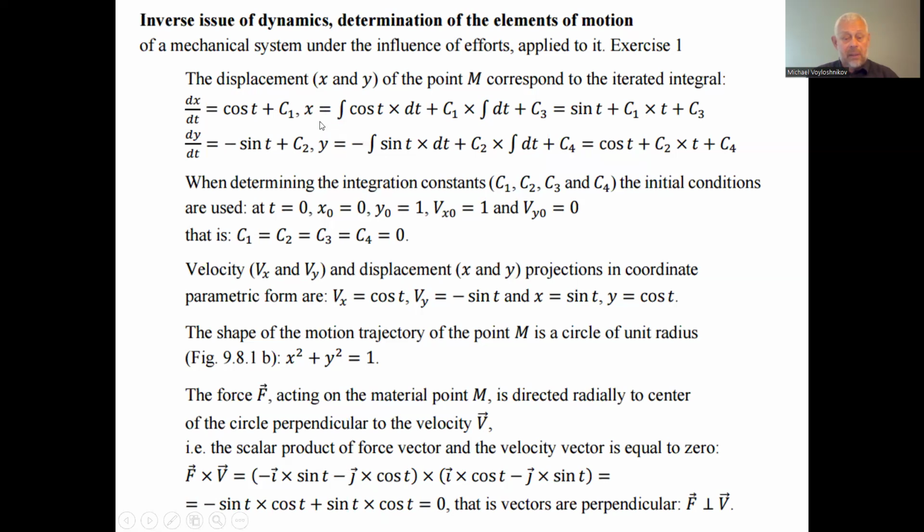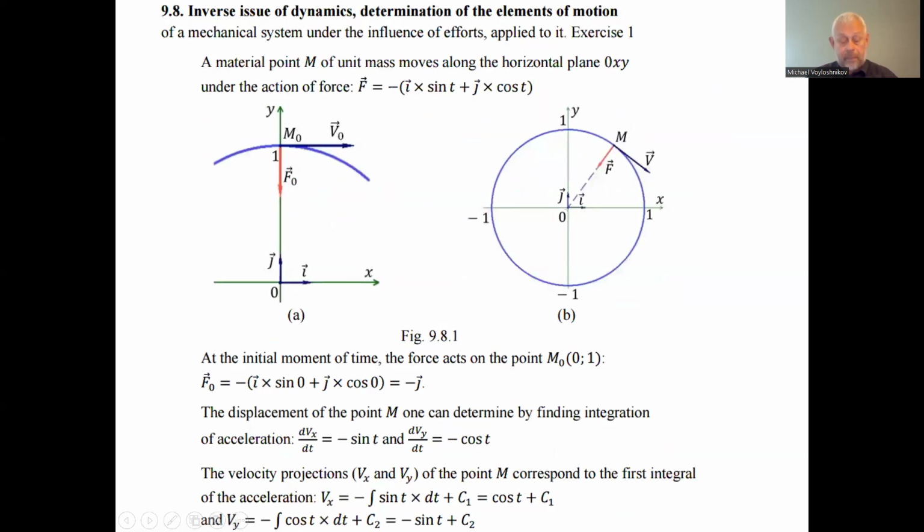So we can find the coordinates of the material point at the action of the force as the integral. This is the velocity integral plus c1, etc. So we can find it as a sine plus all this cosine. We have sine. The derivative of sine will be cosine.